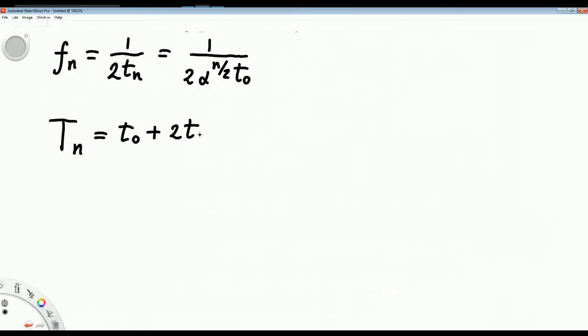So earlier on we calculated the total time. It's almost the same calculation, but you stop. You don't want to calculate the entire thing. You need to think about the index here. You want to know the time at the nth bounce, so you don't want to count the time between the nth and the nth plus first bounce, so you have to stop at t sub n minus 1.